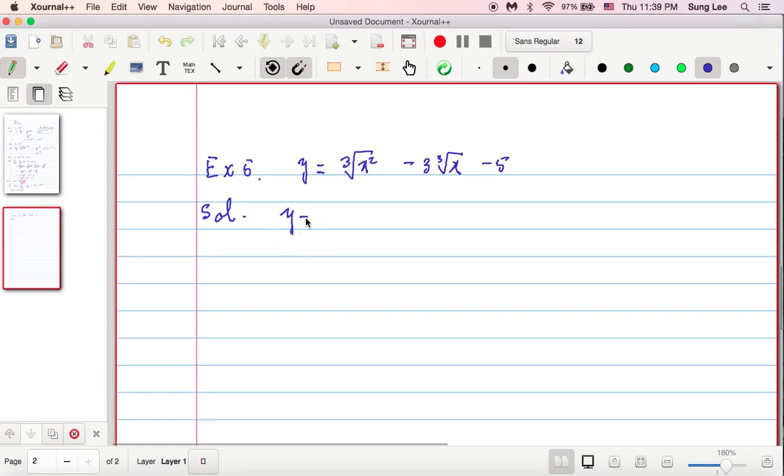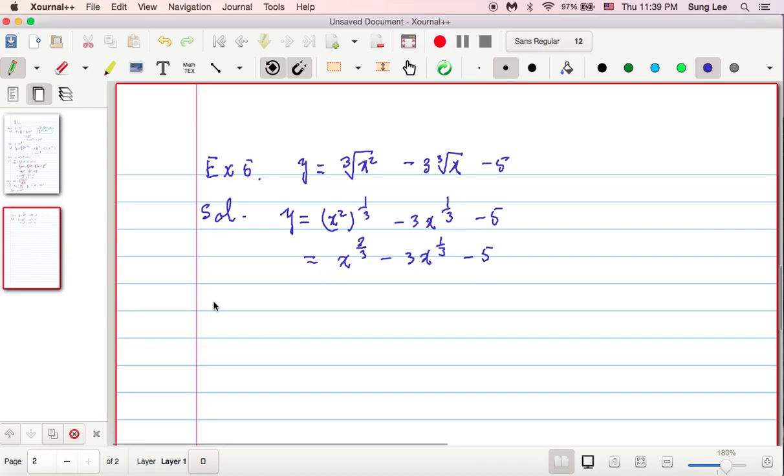This function y can also be written in the form to which we can apply the power rule. In fact, the cube root of x squared is what? x squared to the power 1/3, right? Negative 3 x to the power 1/3 minus 5, which equals x to the power 2/3 minus 3 times x to the power 1/3 minus 5.